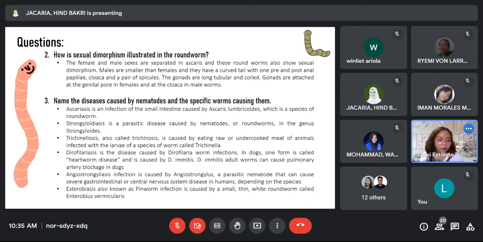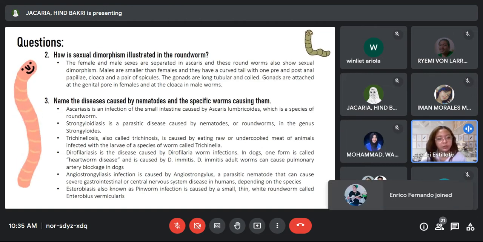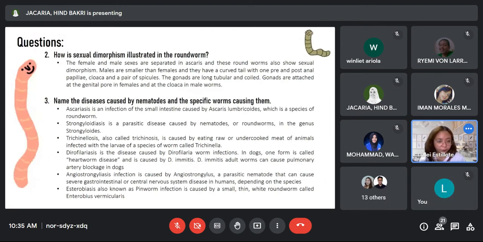Name the diseases caused by nematodes and the specific worms causing them. So we have here 6 diseases. The ascariasis, it is an infection of the small intestine caused by Ascaris lumbricoides, which is a species of roundworm.